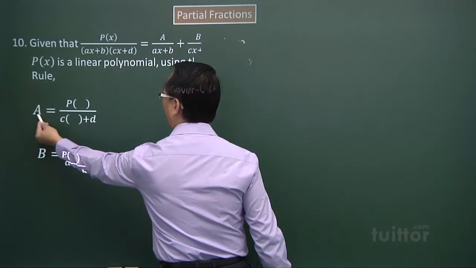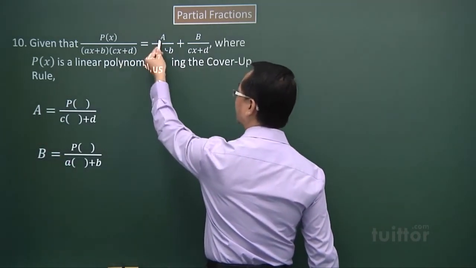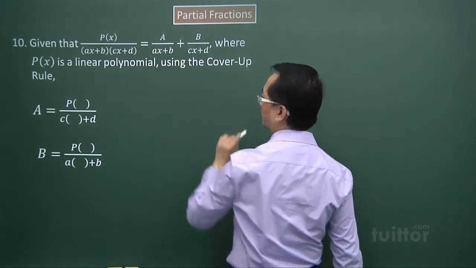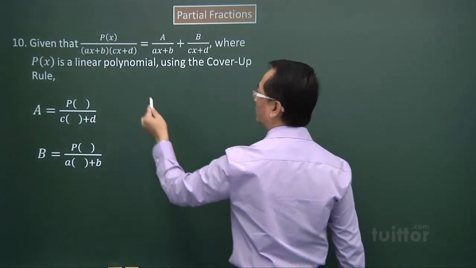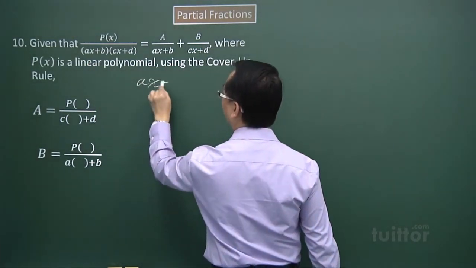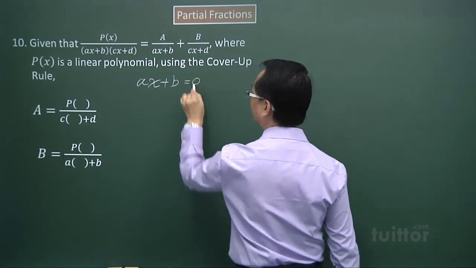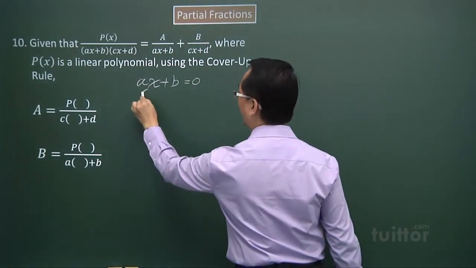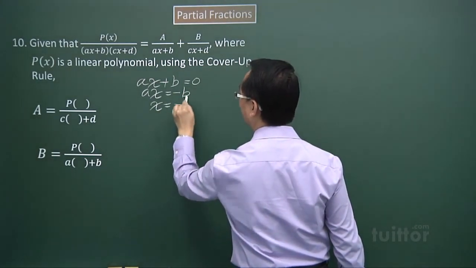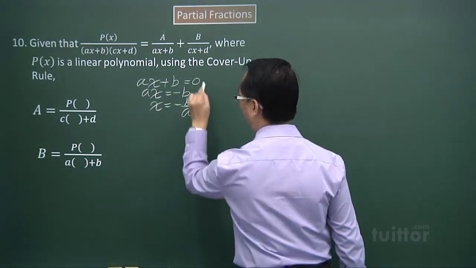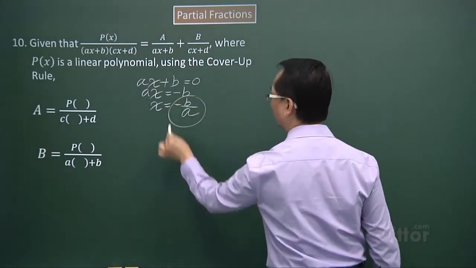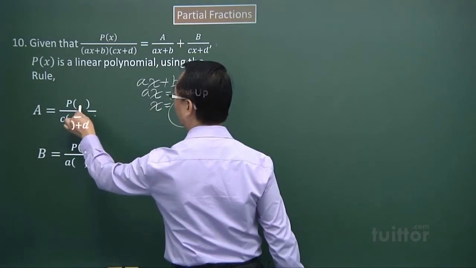To work out A, which is just the constant for the numerator of this algebraic fraction, taking that factor ax plus b equated to 0, I will get ax equals negative b. X is just negative b on a. So I would then take this value and put it into here.